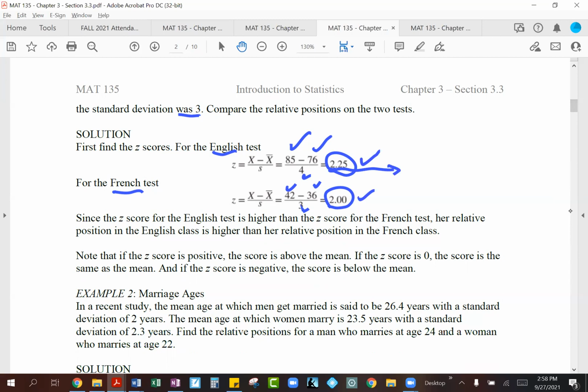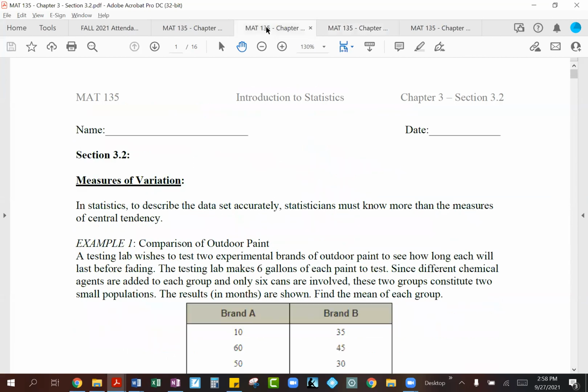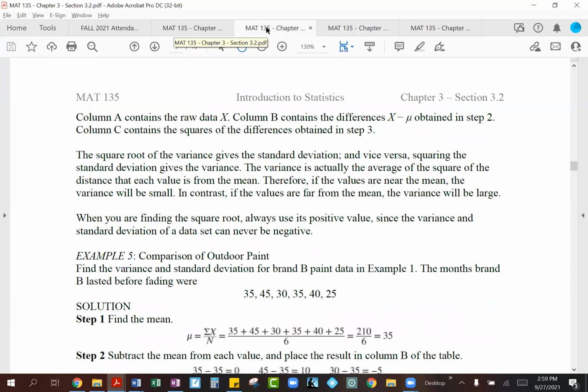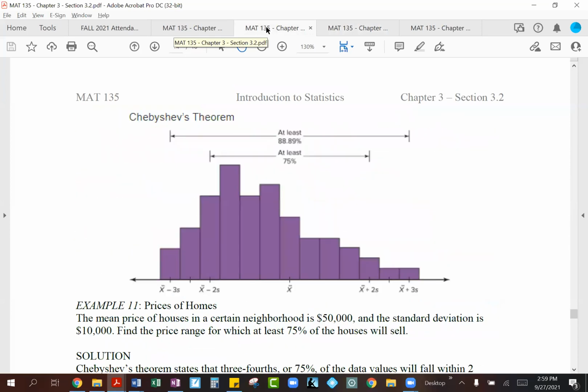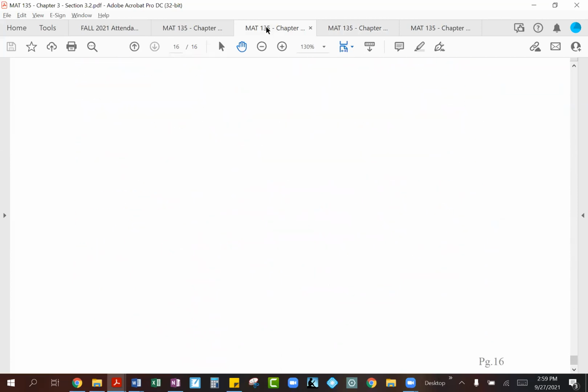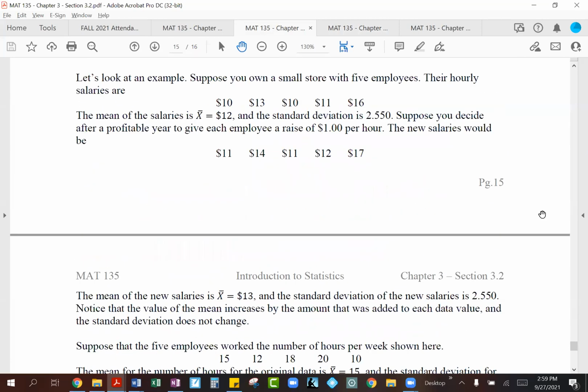The closer you are to the mean, the less well she did with respect to the other class members. So the 2.25 and the 2.0 are talking about your bell curve. And I'm actually going to show you, we had done the empirical rule in this section over here.